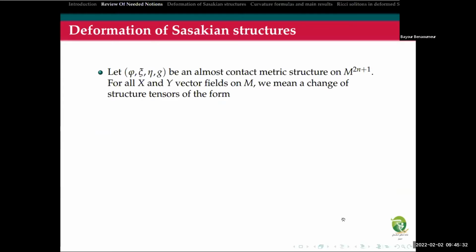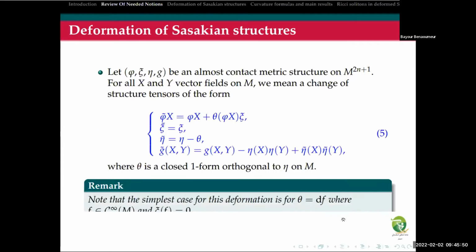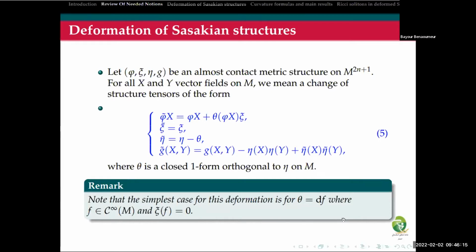Deformation of Sasakian structure. Let phi bar, xi, eta, g be an almost contact metric structure on M. We mean a change of structure tensor of the form system 5, where theta is a closed one-form orthogonal to eta on M. Remark: note that the simplest case for this deformation is for theta equal to the differential of a function f, where f is in C infinity of M and the derivative of f along xi equals 0.